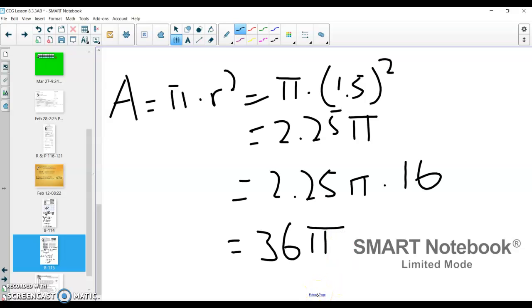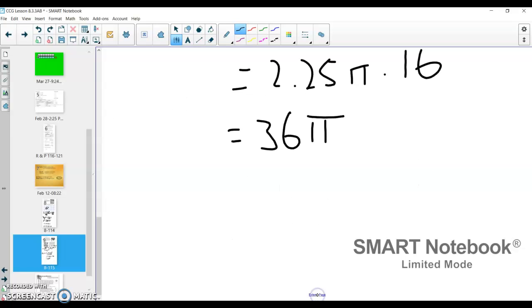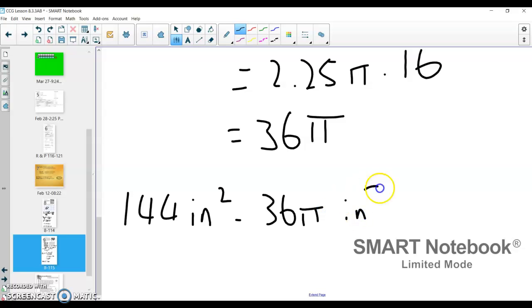Now, to talk about how much waste we have, we started with 144 inches squared of dough. We are going to make all these cookies, which accounts for 36 pi inches squared of dough. I'm subtracting that out because I'm looking for the waste, which is the dough we're not going to be able to use. Whatever this equals would be the waste.